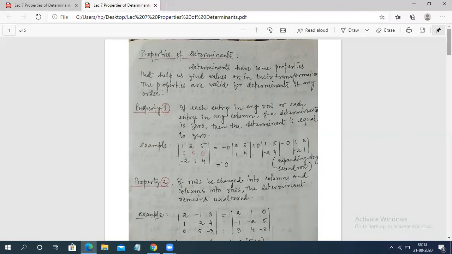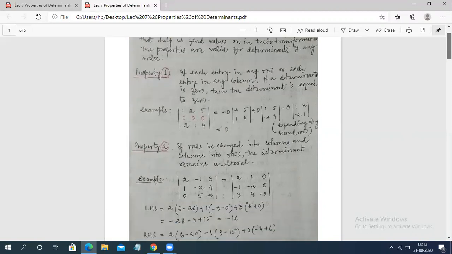The second property is if the rows are changed into columns and columns into rows, the determinant remains unaltered. Suppose this determinant is given. Now you are changing the rows into columns. The first row 2, minus 1, 3, write as the first column. Second row 1, minus 2, 4, write as the second column, and the third row you write as the third column.